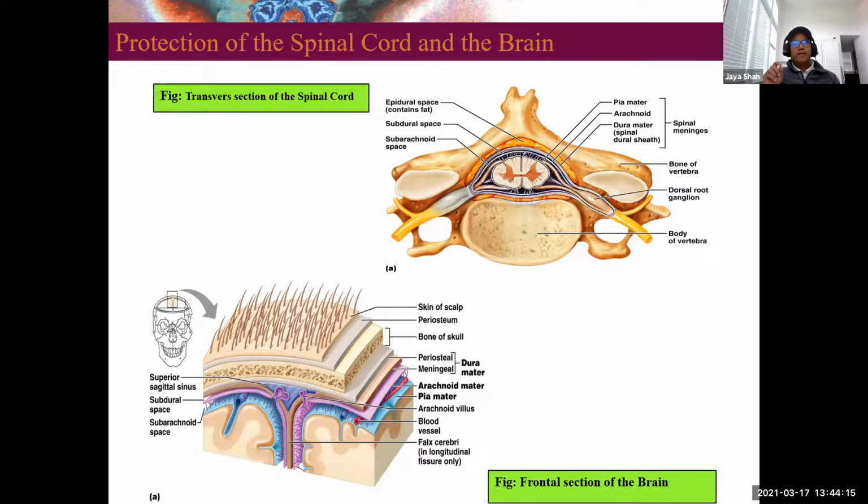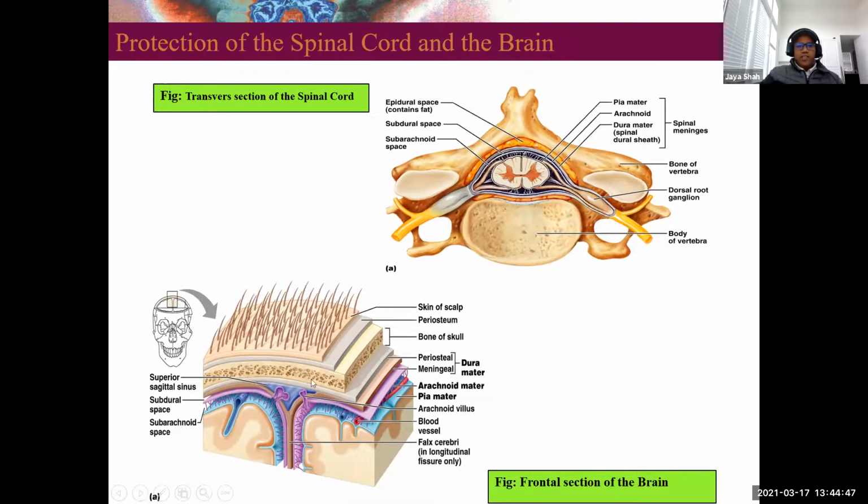Do you remember that? The blood vessel endothelial cells of the brain have tight junctions, and that is covered by astrocyte foot processes, and that creates the blood-brain barrier. So the bony protection, meningeal protection, CSF protection, and lastly, the blood-brain barrier. This all protects the delicate structure of the brain from outer toxic substances or microorganisms.